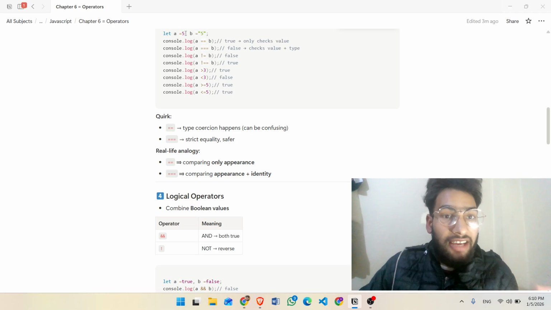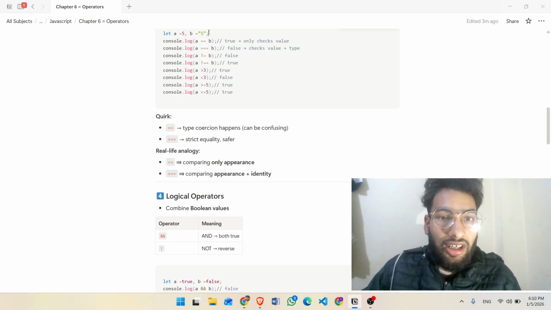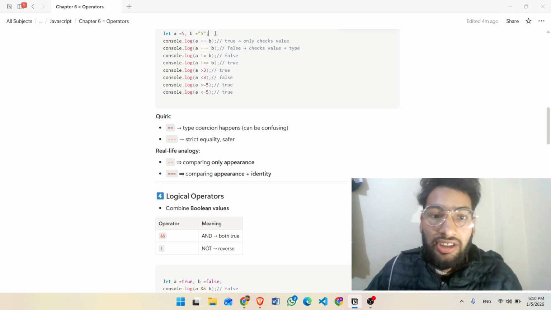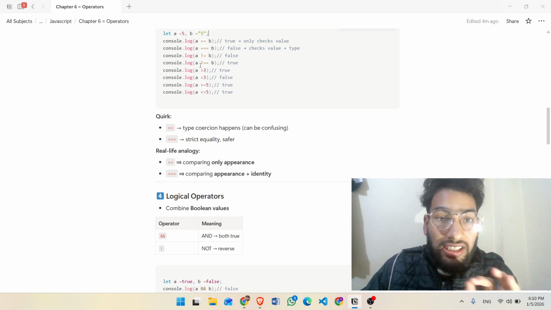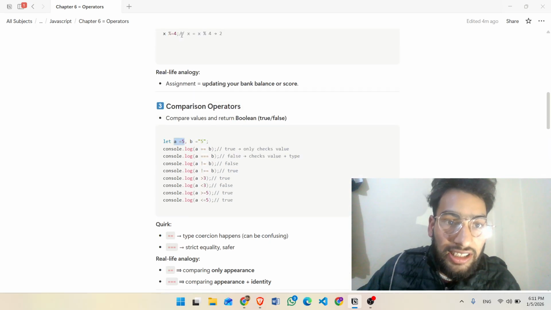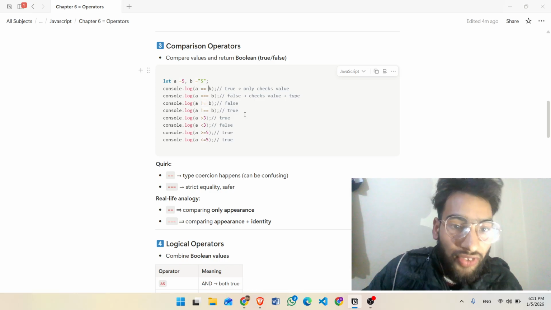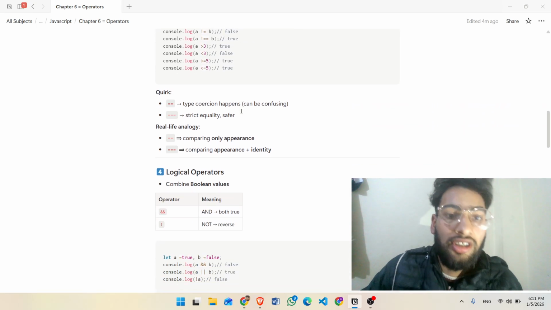The type of a is integer and the type of b is string. So it is saying a is not equal to b, so it is giving true. This is a number and this is a string, so it is giving us true.